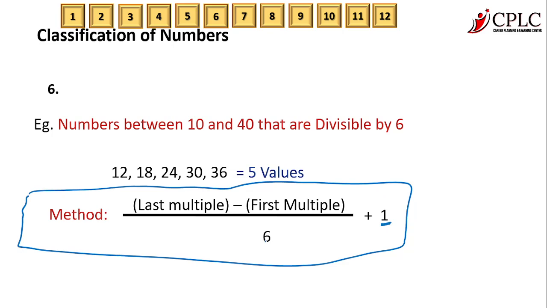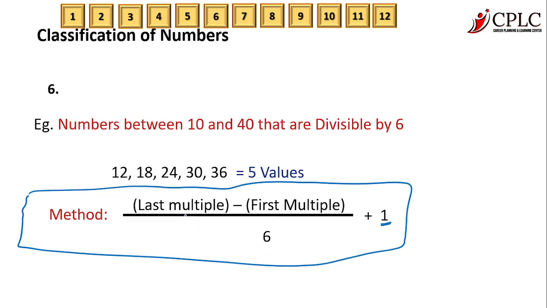So the entire formula will remain as it is for all such type of questions. And this formula actually comes from the concept of arithmetic progression, AP, the nth term of AP. So whenever you study that, you can think about this idea, and you'll get the same formula.